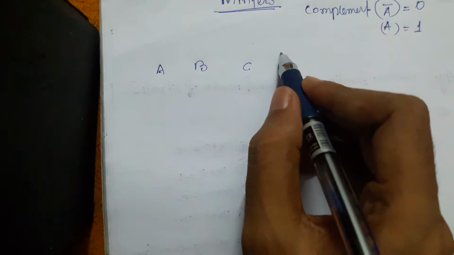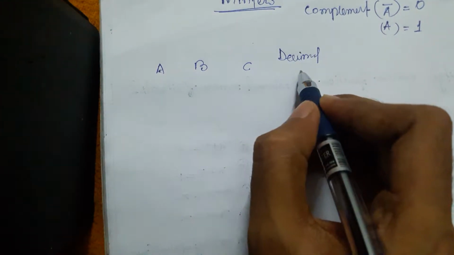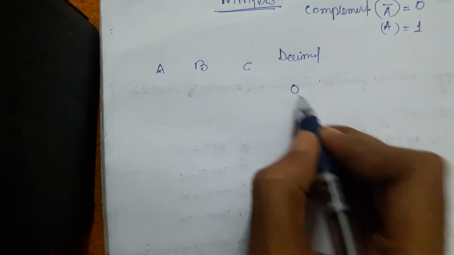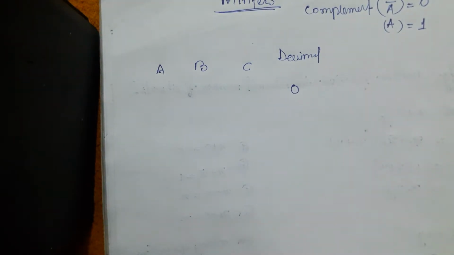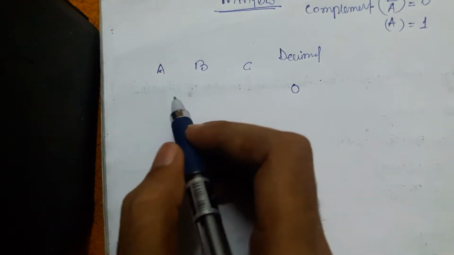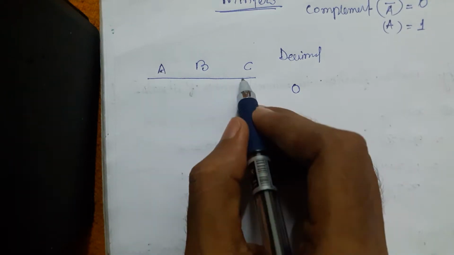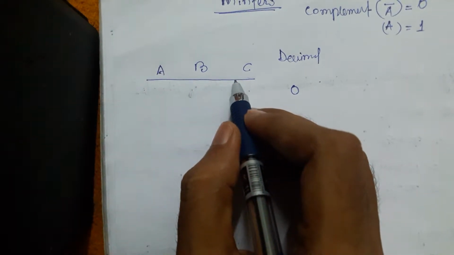In the decimal system, let's take the number 0. In the binary system, these have 3 digits, also called bits.